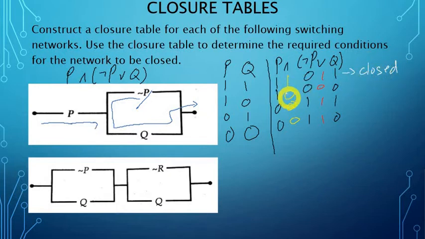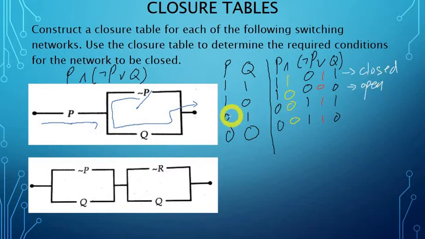However, take a look at the other values. Both got open or false here. And if we analyze, if Q is open, as it says here, current cannot flow anymore because if this is closed, this is open and this is open. So current cannot flow anymore. So this is open.